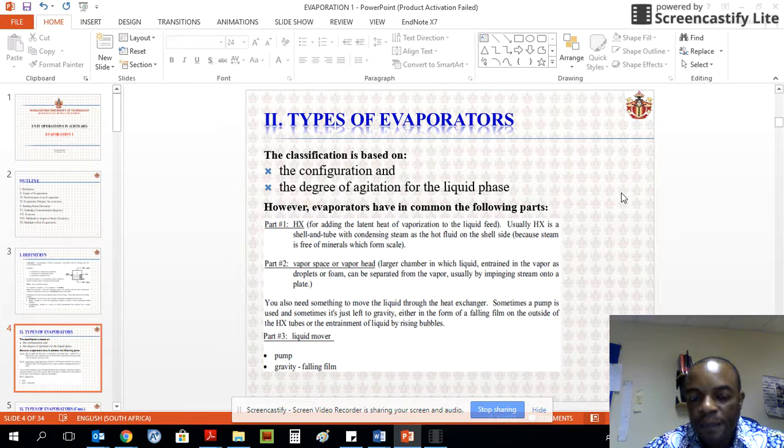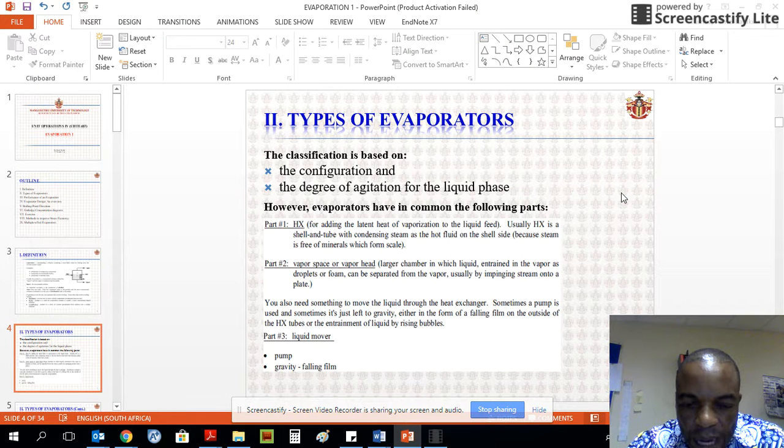That part is helpful. It's used to ensure that as your liquid is evaporating, the vapor phase doesn't carry along liquid droplets.